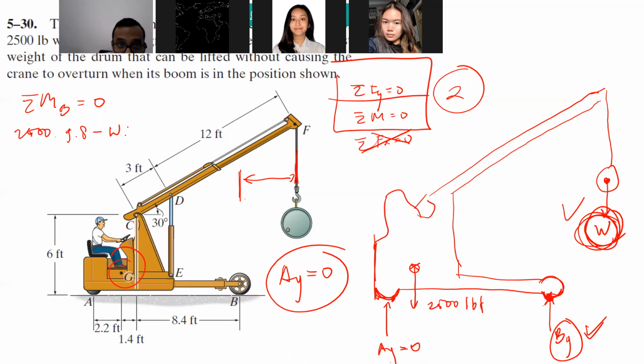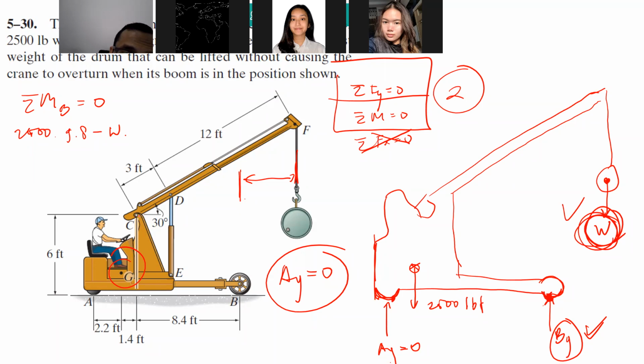Remember the angle 30 degrees there, Audrey. We use cosine, yes, correct. So it becomes 15 feet times cosine 30.